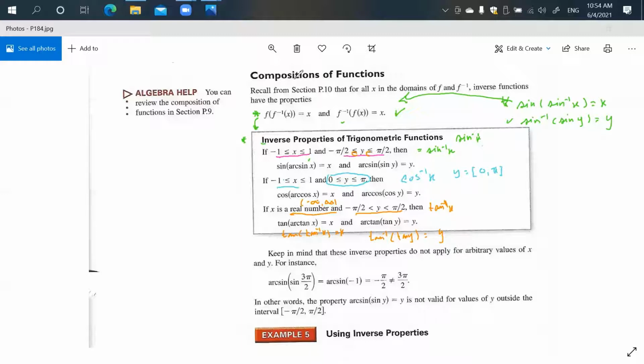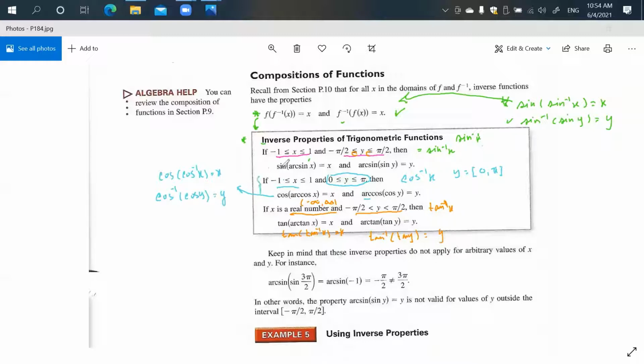The blue color here, I did not explain. So you see this, if we have cosine of arc cosine x, it will equal x. And if the whole thing is y, then under this condition we can write it this way: arc cosine of cosine y will equal y.